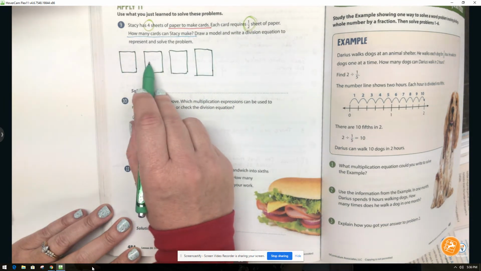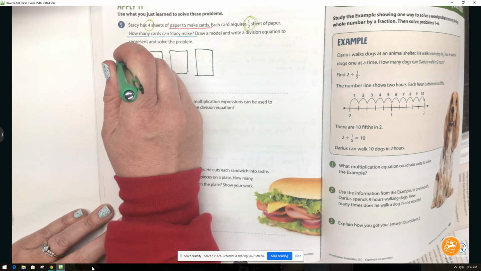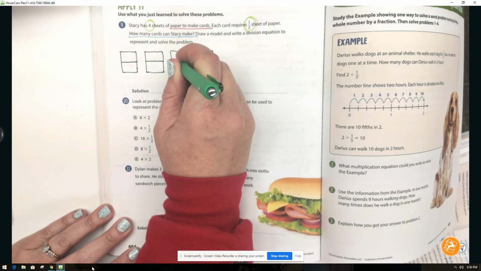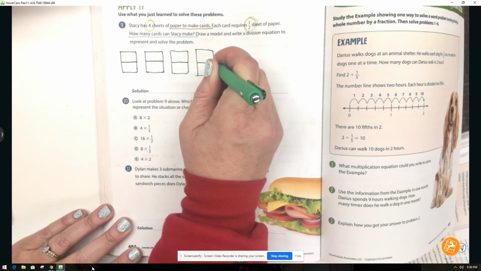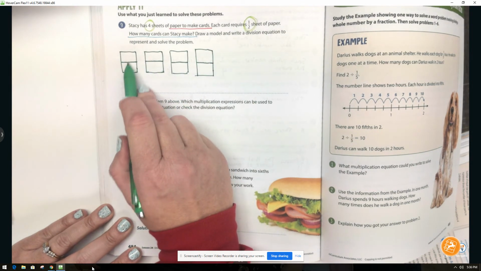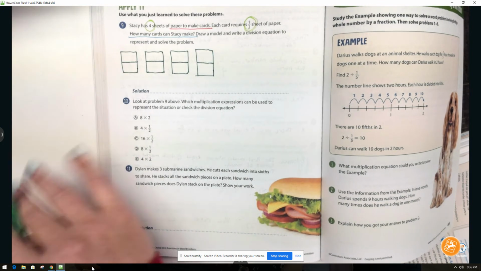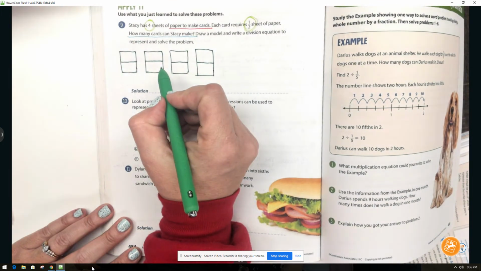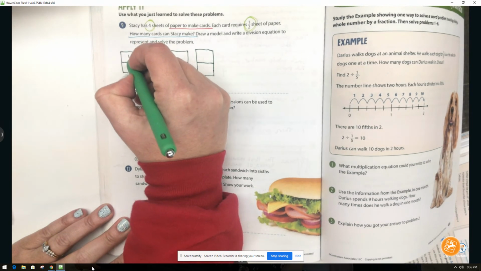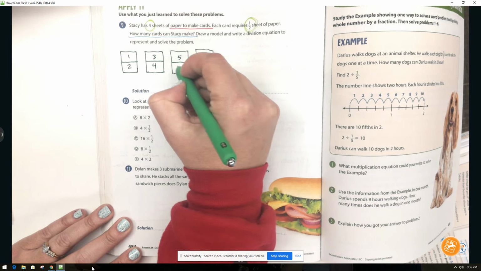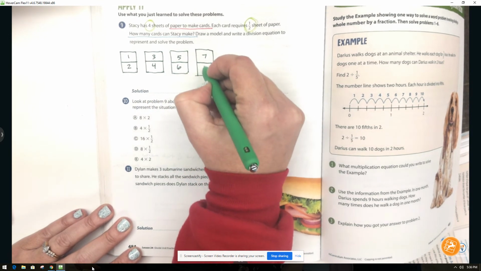So we need to break each of these sheets of paper in half, because each sheet is going to be able to make how many cards? That's right, 2. So in order to find out how many cards we can make, all we need to do is count how many sheets of paper we have. Or excuse me, how many halves we have.